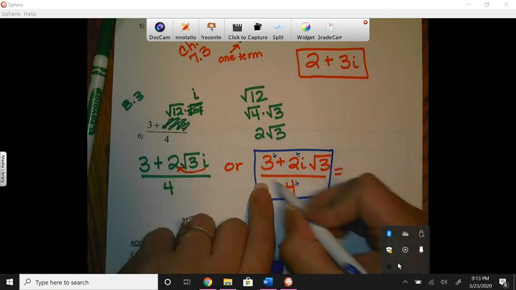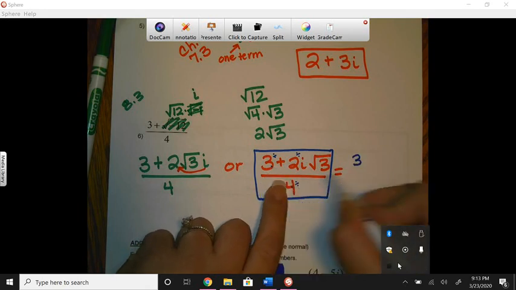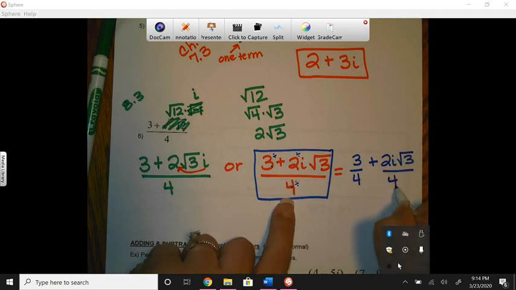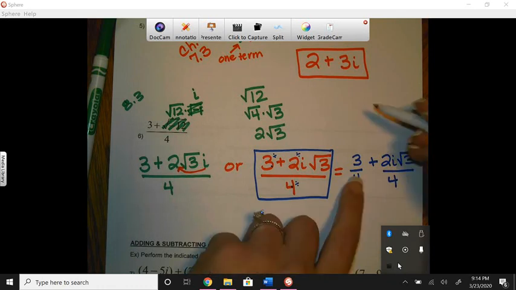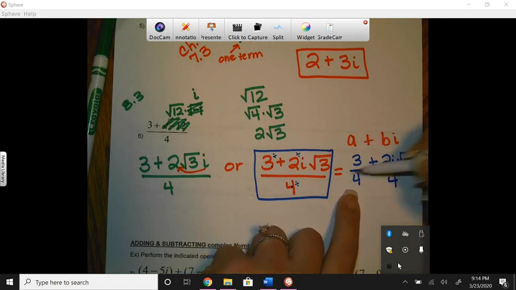So if it doesn't accept this as an answer, then you would separate it and do 3 over 4 plus 2i rad 3 over 4. So separated as 2 terms. Because then you have the a plus bi form where you have the real number separated from it.